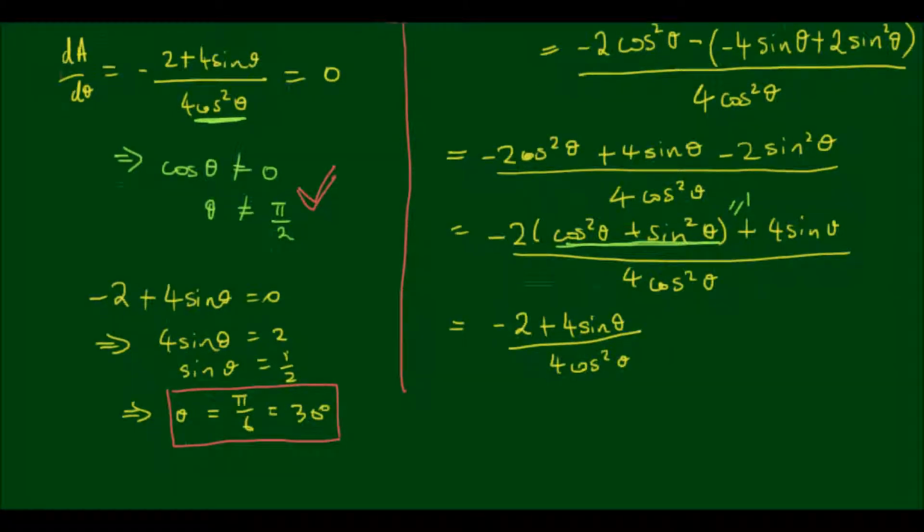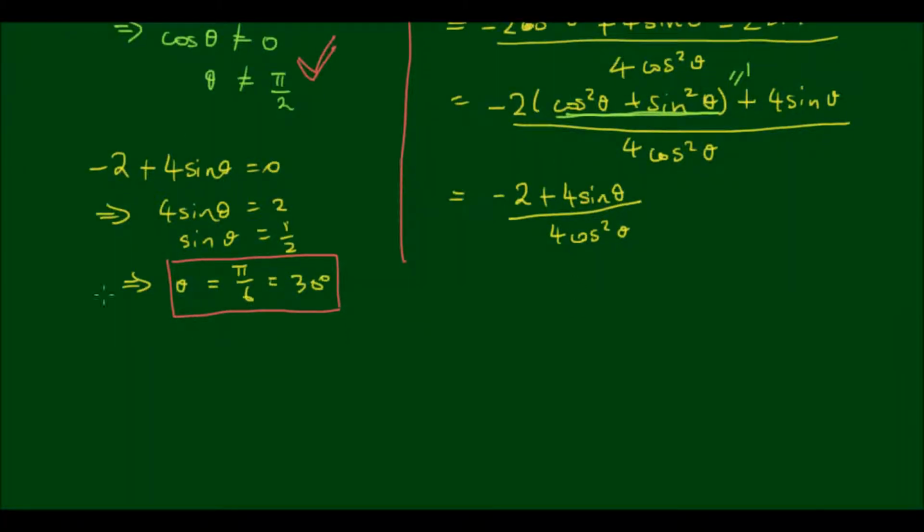So as a lazy mathematician, I'm not going to do it. I'm just going to test 2 points either side of this theta value. And if the 2 points come out to be larger, then we know that this is definitely a minimum point. But if the 2 points either side come out to be less, then it's a maximum point. So let's try that.